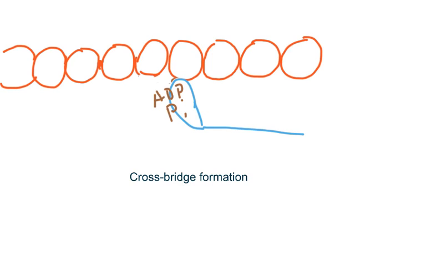And what's going to happen is that the sequence is actually a little bit debated, but that's really not important for our purposes. The ADP and the Pi are going to be released as the myosin head now pulls in this direction.